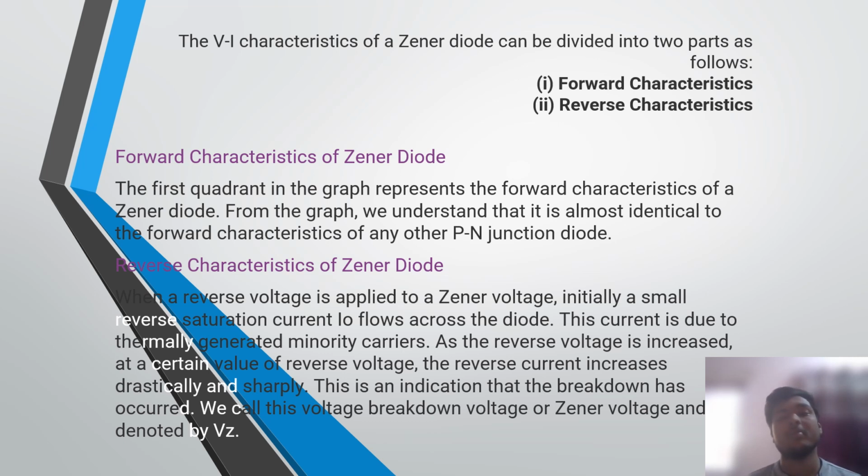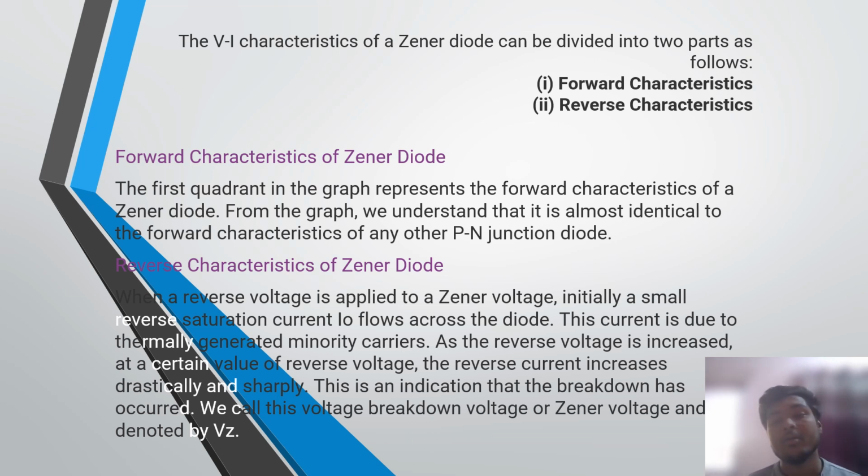The first quadrant in the graph represents the forward characteristic of a zener diode. From the graph, we understand that it is identical to the forward characteristic of any other PN junction diode. So the forward characteristic of a zener diode is in the first quadrant only.